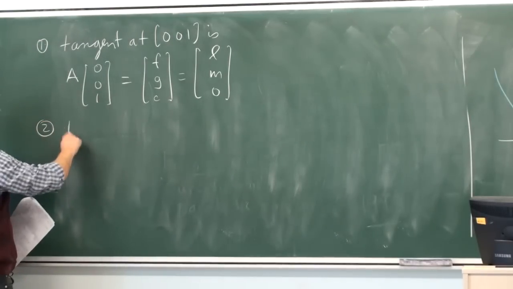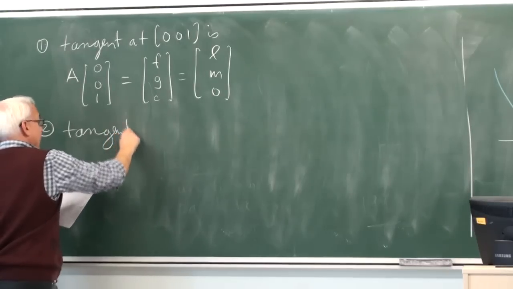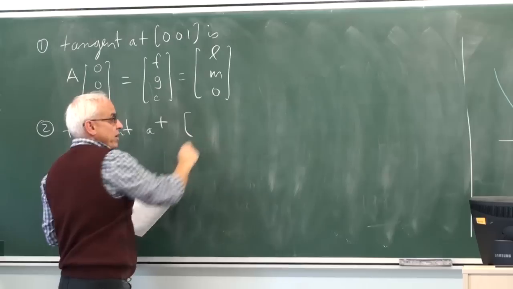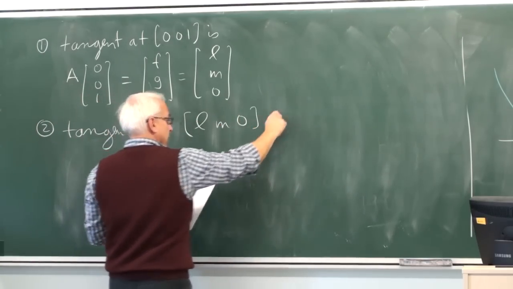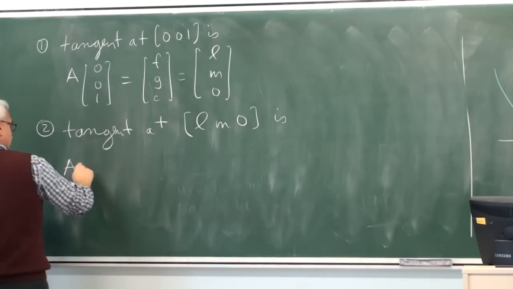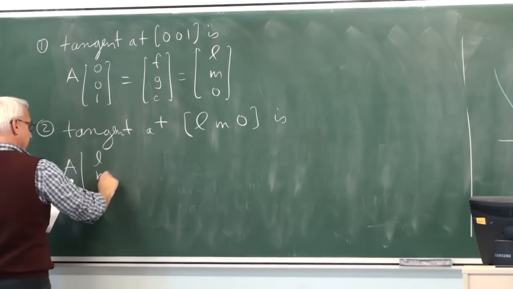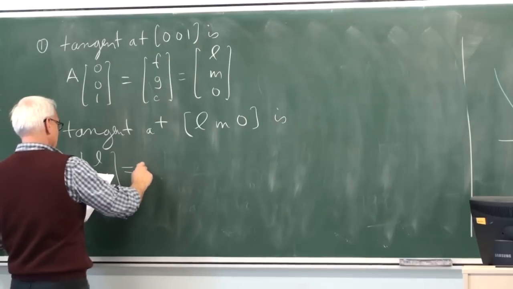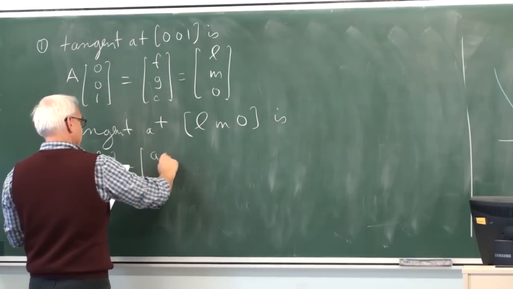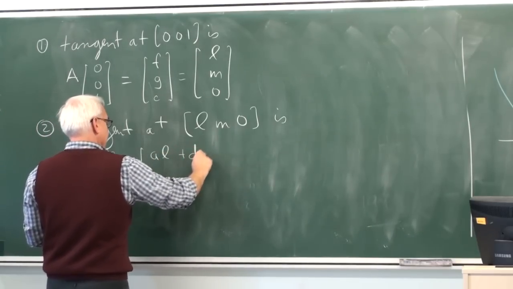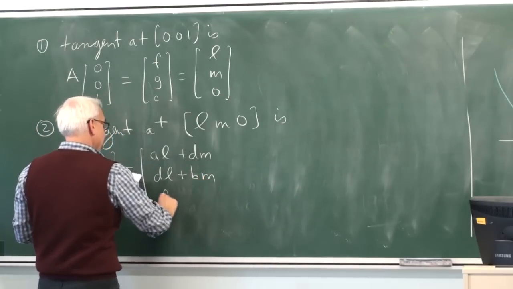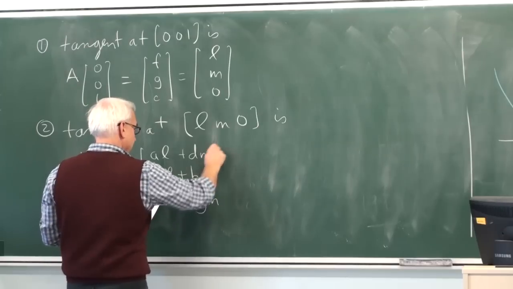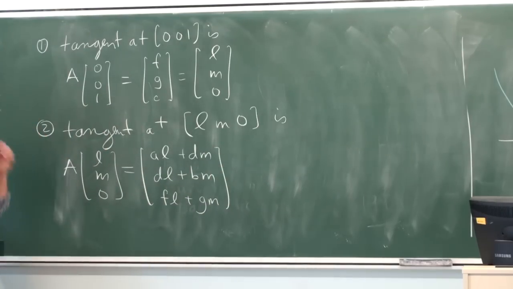And the other condition is that the tangent at our point at infinity, (L, M, 0), is, first of all, A times (L, M, 0). So that's going to be the column (AL plus DM, DL plus BM, and FL plus GM). That tangent at that point at infinity ought to be the line at infinity.